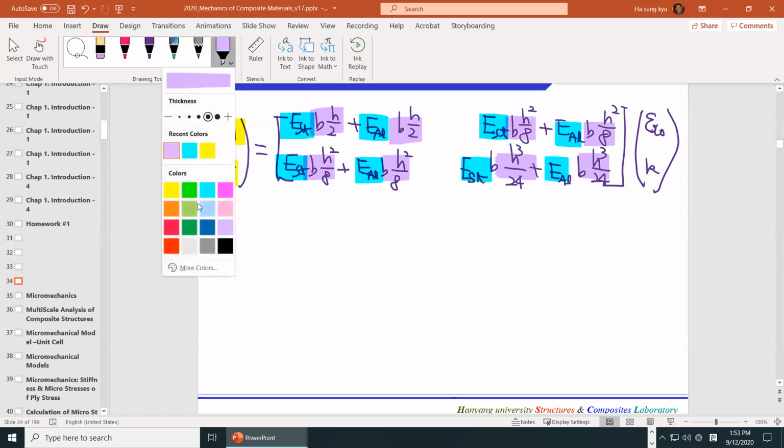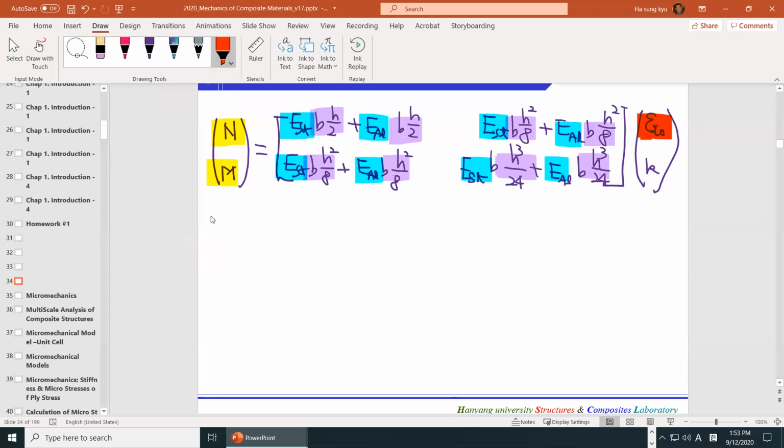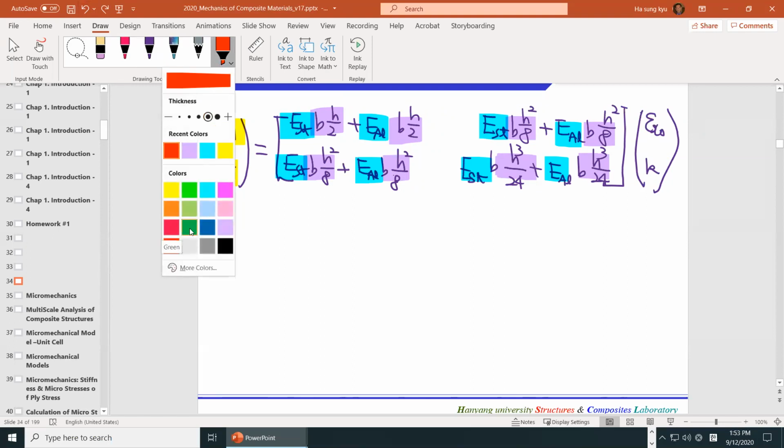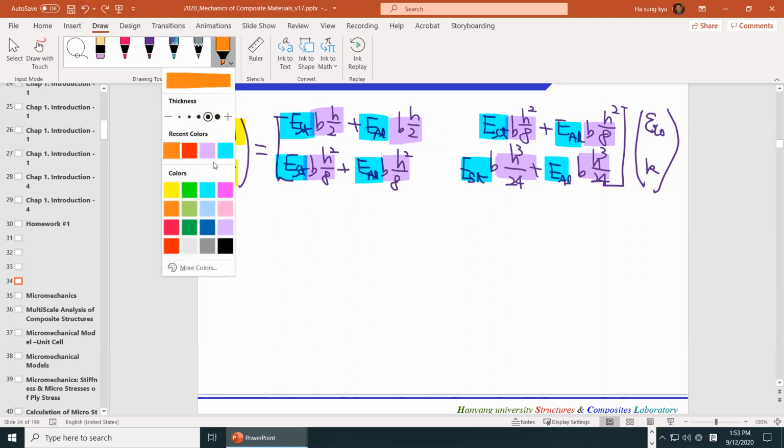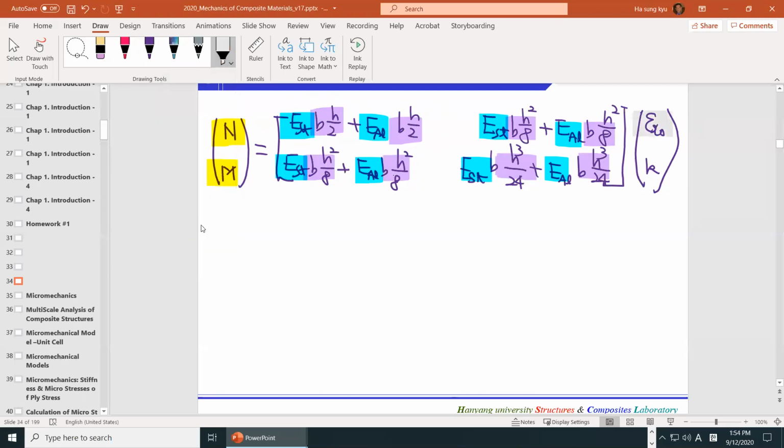And then what to solve? We want to solve this strain, epsilon 0 and curvature. So these are the unknowns to solve.